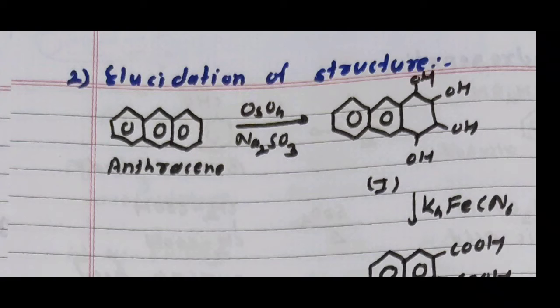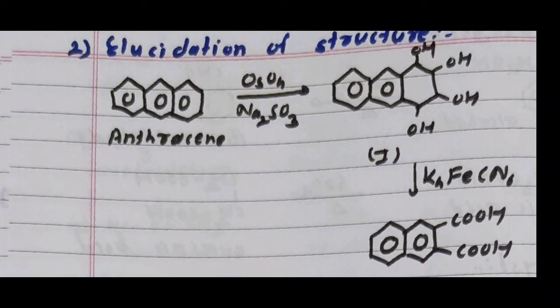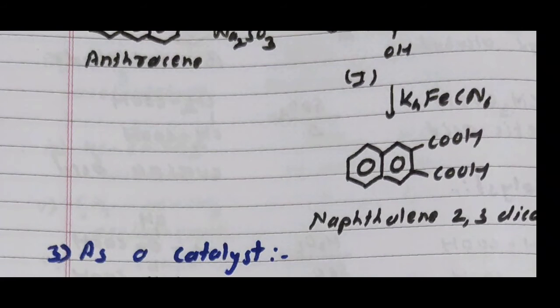Therefore, I am taking a reaction: anthracene in presence of OsO4 and Na2SO3 gives the first compound, and this first compound is further reacted with K3Fe(CN)6, formation of the second compound. Here the position numbers 2 and 3 carry COOH groups. Therefore it is naphthalene-2,3-dicarboxylic acid, not diol.